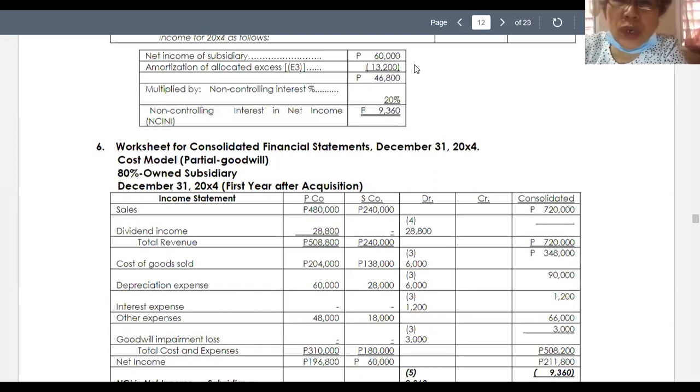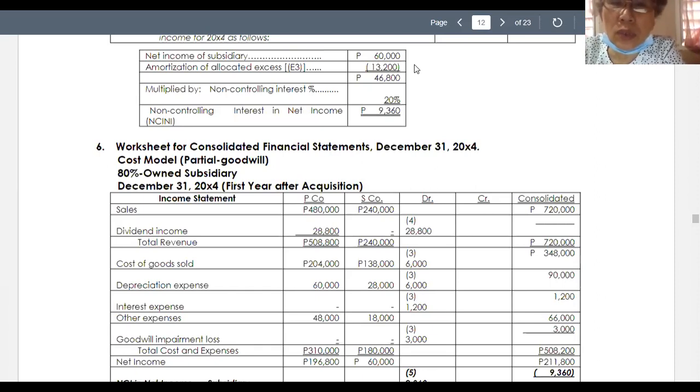Then we have your dividend income eliminated as this is considered to be an intercompany transaction. Now you will notice that in our elimination entries, we have already debited dividend income in order to close.